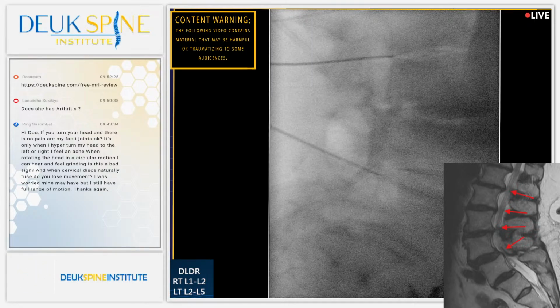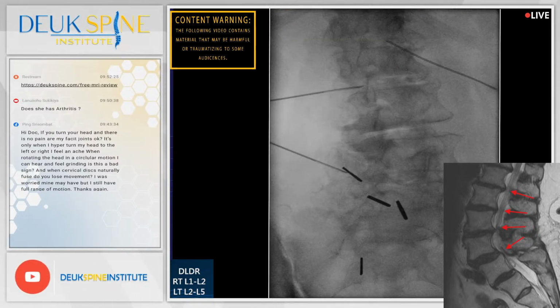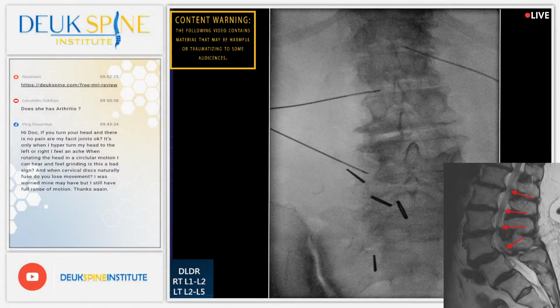All right, so that's looking pretty good. Let's see where we are on the AP view. Again, if I'm getting pushed too far lateral, that's a problem because of that overgrown facet. She's got some staples too. Oh no. I think we may be too far lateral.